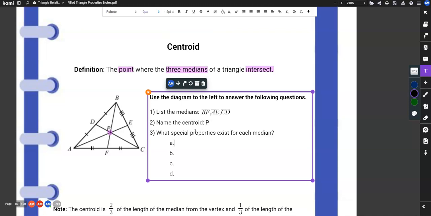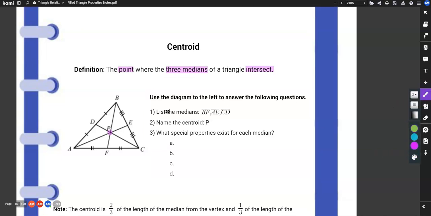Now there are some special properties for medians. These apply to all of the medians, but we are going to be focusing on segment AE as we write these equations. And again, we know this is a median because of the congruence tick marks. We go from a vertex to the midpoint.